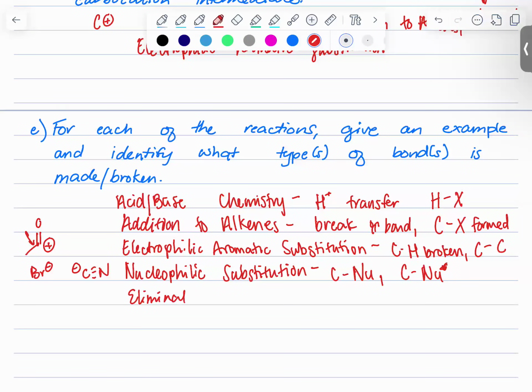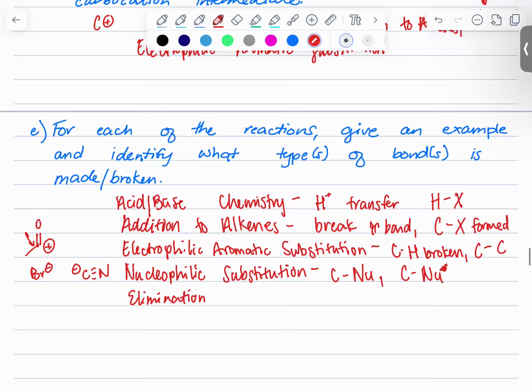So, elimination reactions. What kind of bonds do we see broken? That is the bond we form. So we form a pi bond or a double bond.